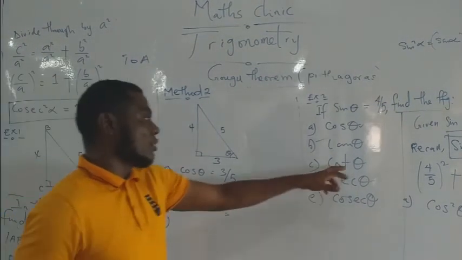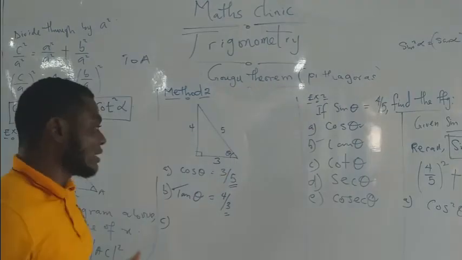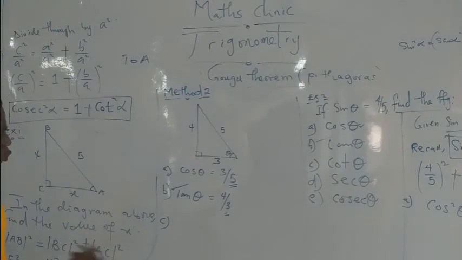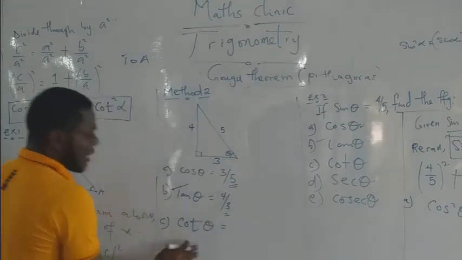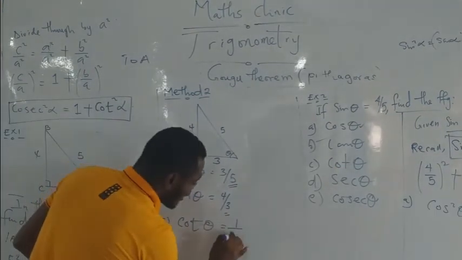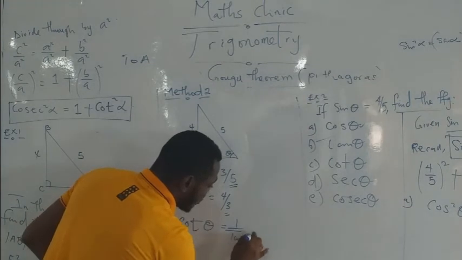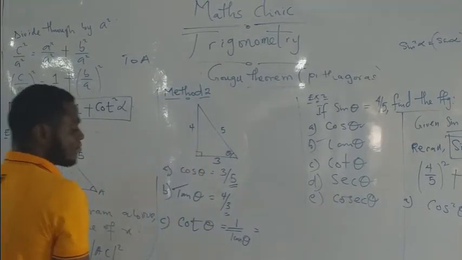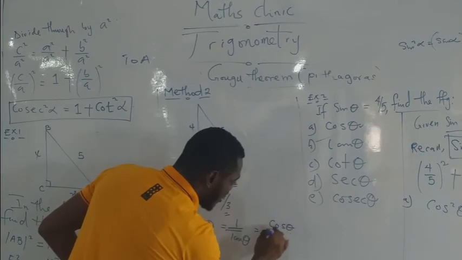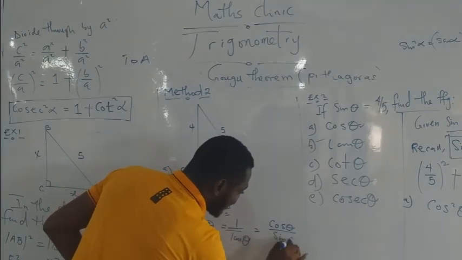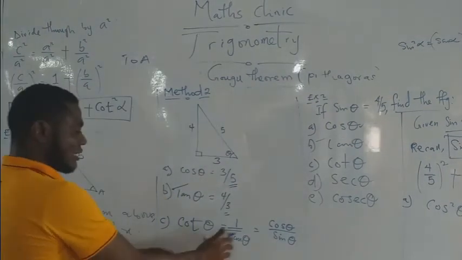Cot theta. What's cot theta? We can write this in so many forms. This can be written as 1 over tan theta, which is still the same thing as cos theta over sine theta. Why is this the same thing as this?